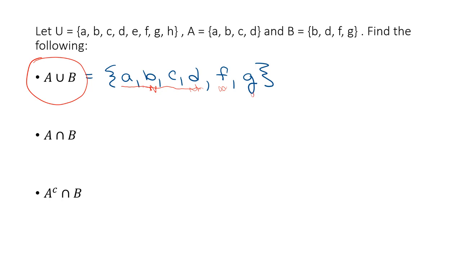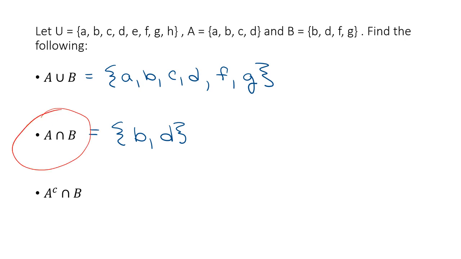I don't have to write, and I shouldn't write, the letters B and D more than once. Because those letters were in set A, I don't write them down a second time, but I do include the letters F and G, and that's the union of those two sets. The intersection of sets A and B, which is the second thing on my list, would be the letters that are in both sets.